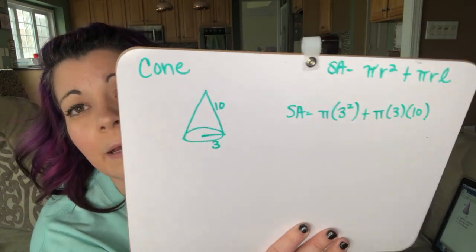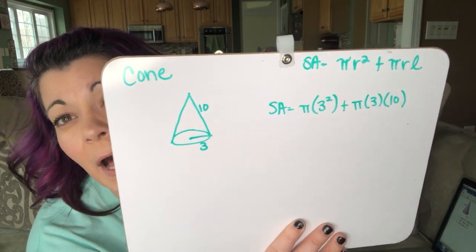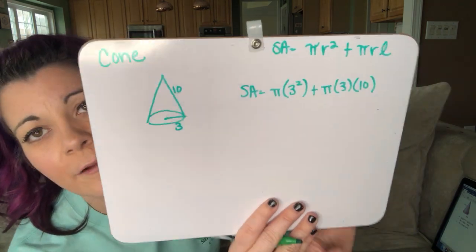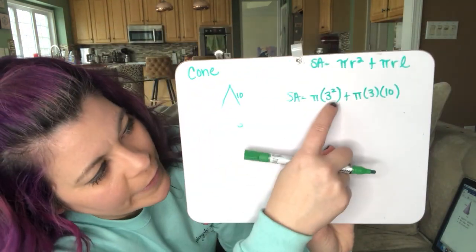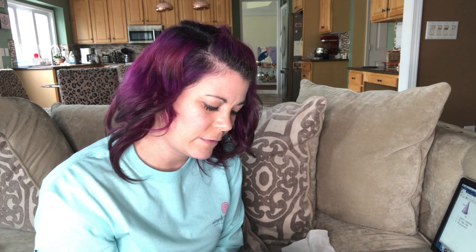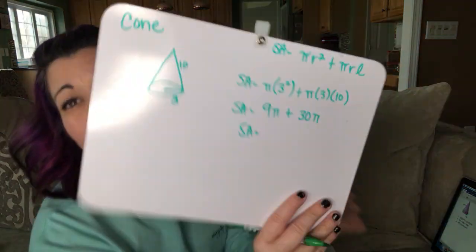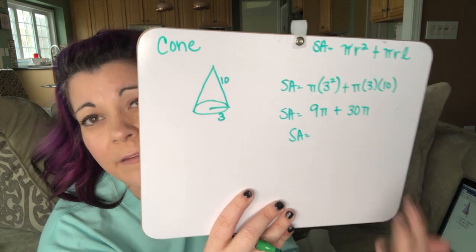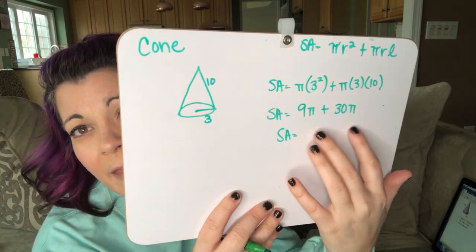I am going to keep it in terms of pi first, which means I'm not going to multiply by 3.14 yet. But I'm going to follow my order of operations. So 3 squared is 9, so that'd be 9 pi plus 3 times 10 is 30, so plus 30 pi. Your teacher might want you to keep it in terms of pi, and since they both have a pi, we can actually add them.